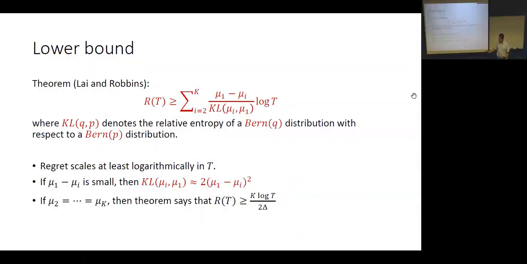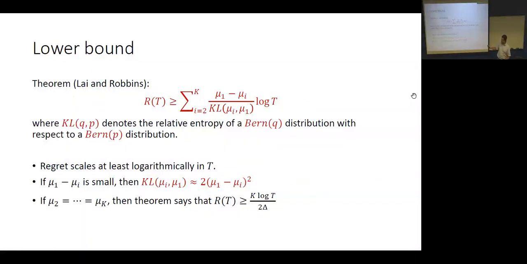There's a very classical theorem of Lai and Robbins, I think from the 60s, quite old, where they show that for any reasonable algorithm, the regret is at least this much. For each arm, except the best, you look at the difference between the mean rewards of the arms.